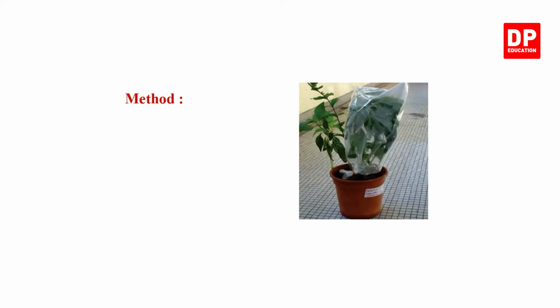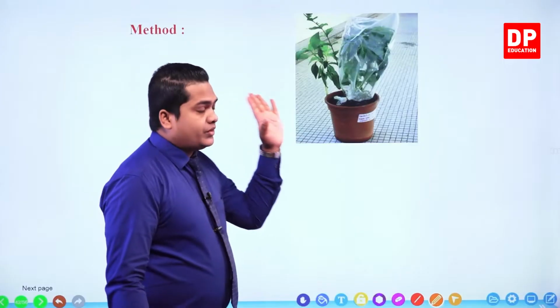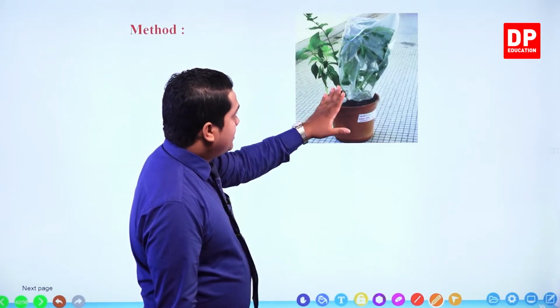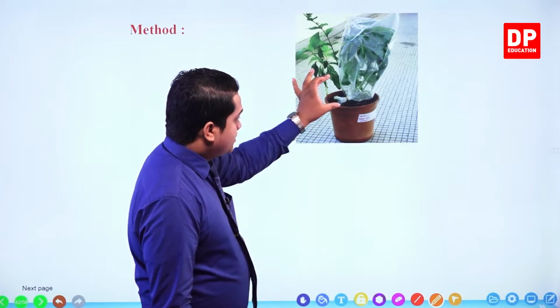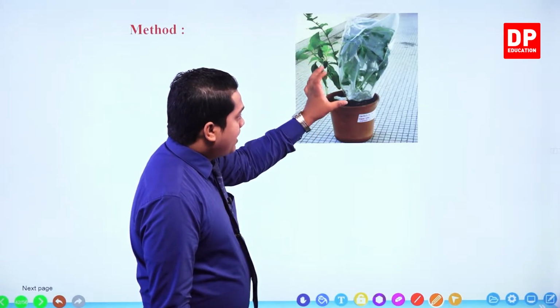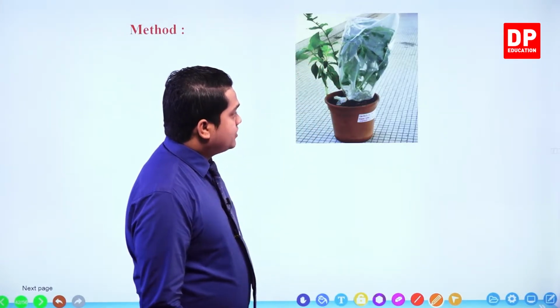The method is given. This is the way of doing the experiment. It's really simple. You can see it over here. The potted plant has been covered by using the polythene bag.